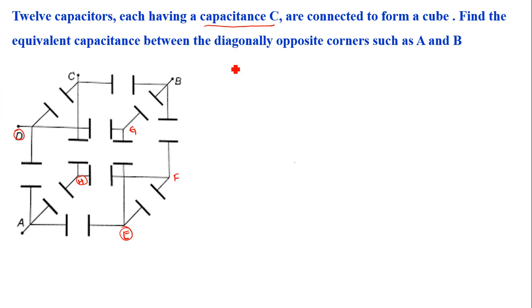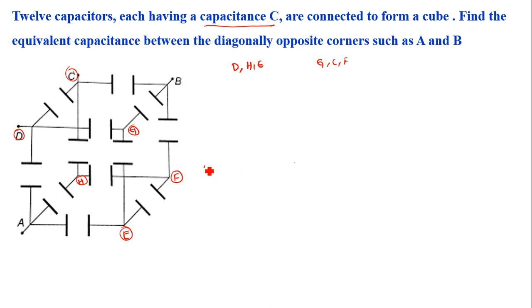Similarly, from B, G, C, F are at the same potential. You can redraw the circuit by considering D, H, E and G, C, F at the same potential, and A and B at different potentials.